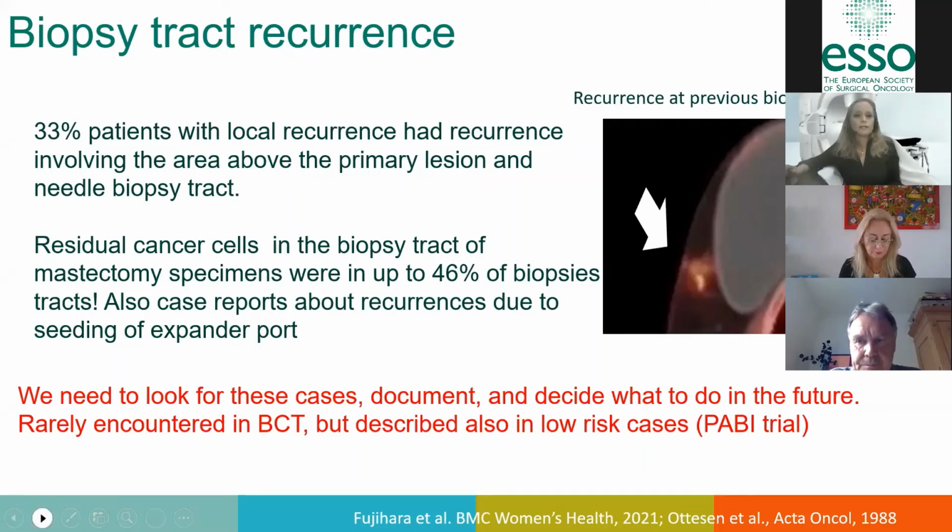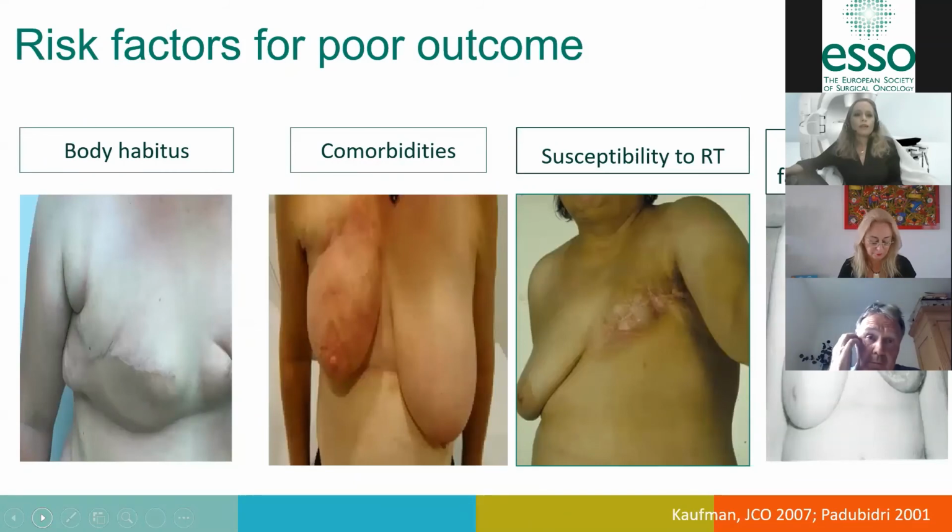So what are the risk factors for poor outcome in case of mastectomy and post-mastectomy radiation? We know that some patients have very challenging body habitus, and comorbidities like diabetes mellitus, vascular disease, and connective tissue disease are associated with poor outcome after radiation. Some of the patients have susceptibility to radiation therapy and will develop severe complications without any known genetic mutation.